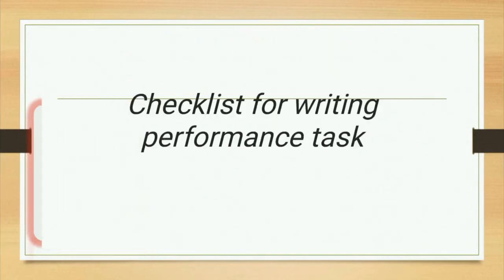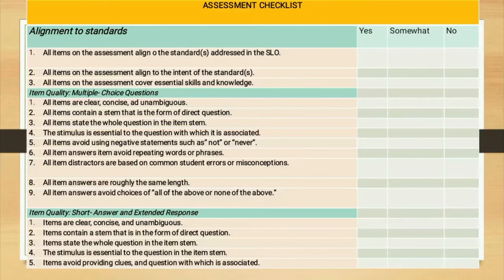And my next topic is the checklist for writing performance tasks. If you observe the format of the assessment checklist, first we have the alignment of standards. Here we see that all items on the assessment align to the standards addressed in the SLO.